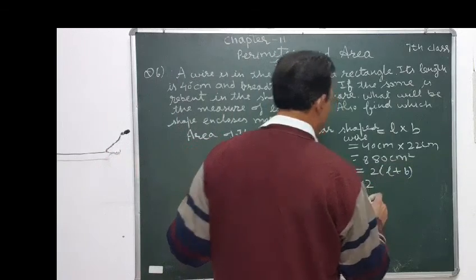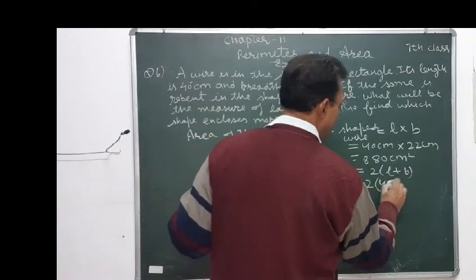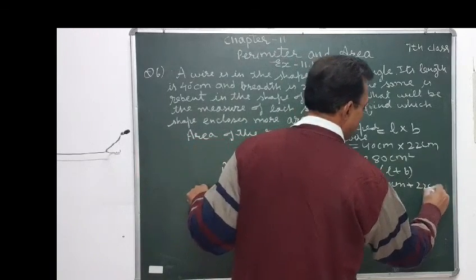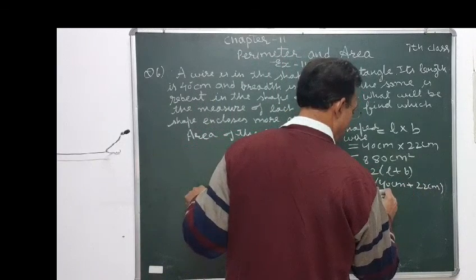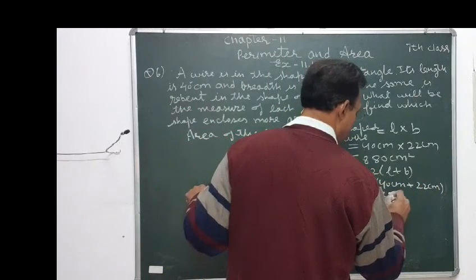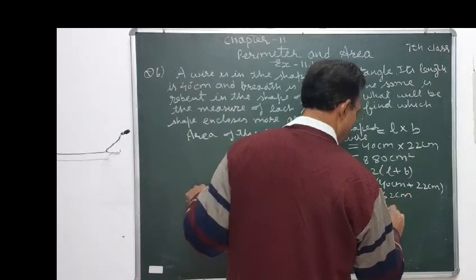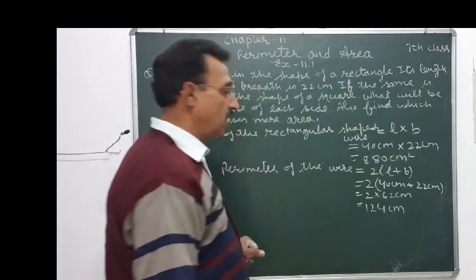So 2 into length is 40 centimeter and breadth is 22 centimeter. So this comes out to be 2 into 62 centimeter. Yes, 2 2s are 4 and 2 6s are 12. So 124 centimeter.